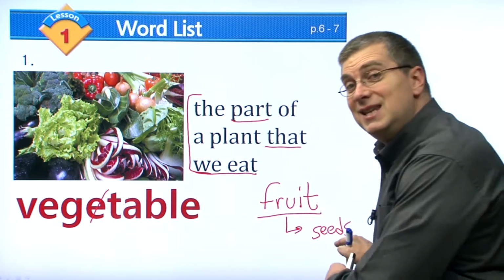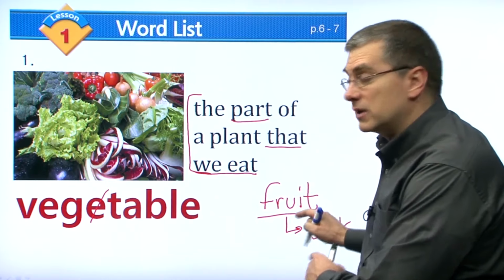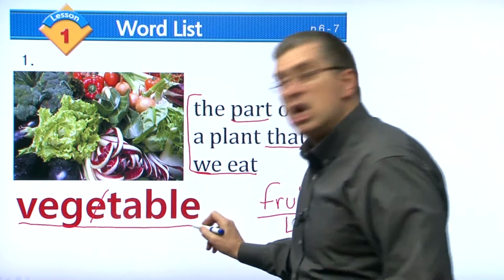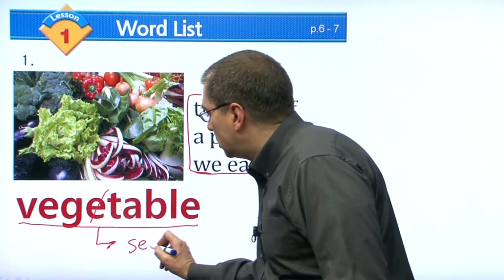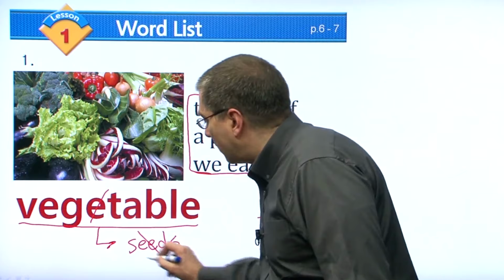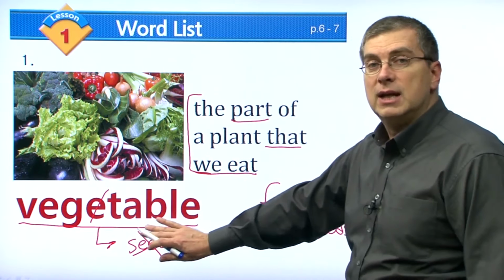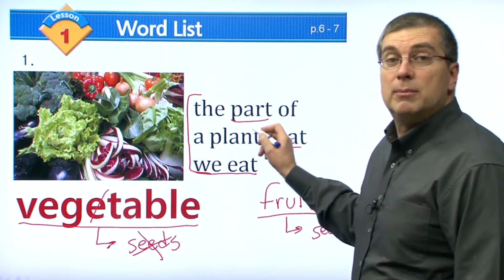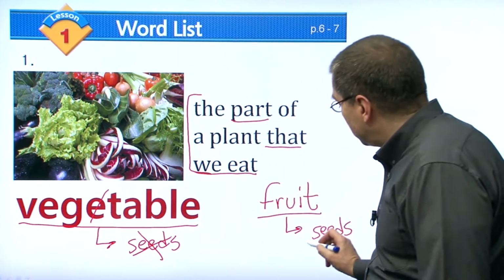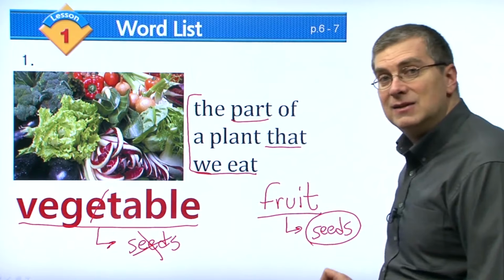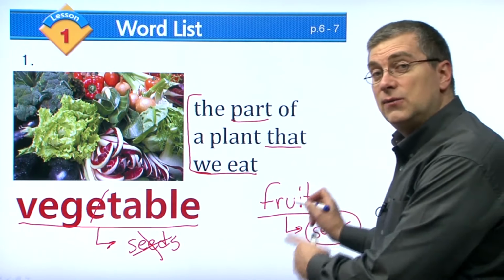If there are seeds in it, it's a fruit. A vegetable does not have seeds, no seeds. So a fruit is a part of the plant, yes, but it's only one part of the plant. It's the part that has seeds. If it has seeds, it's a fruit.